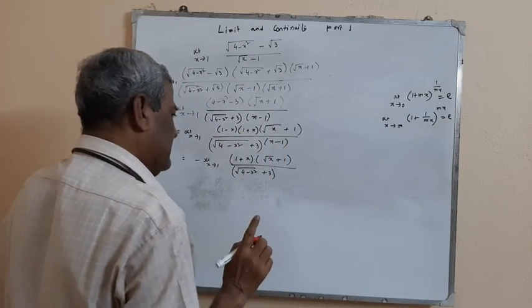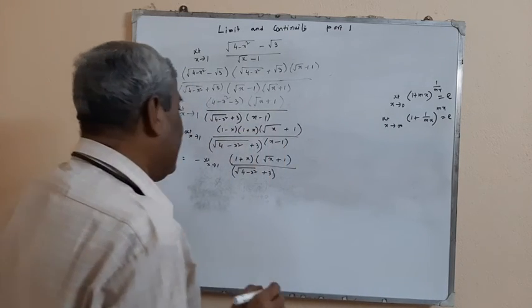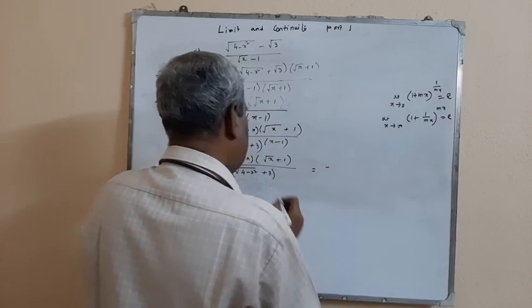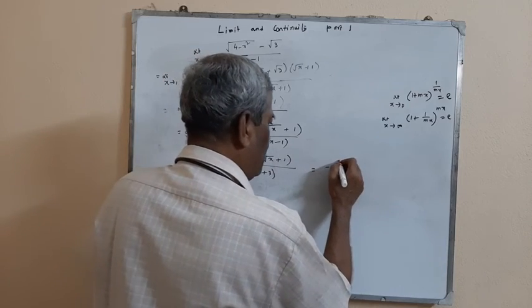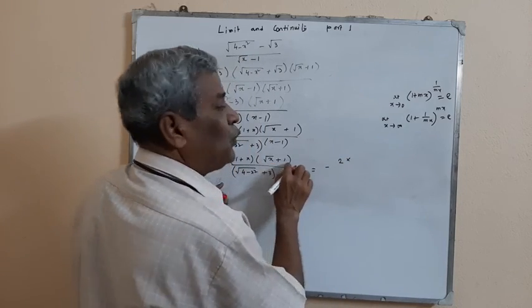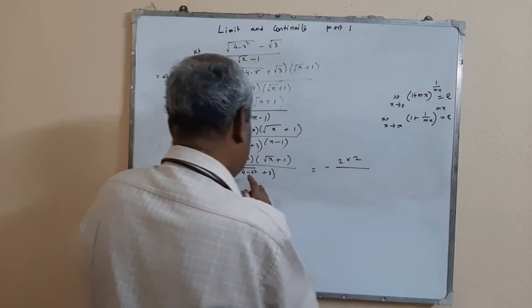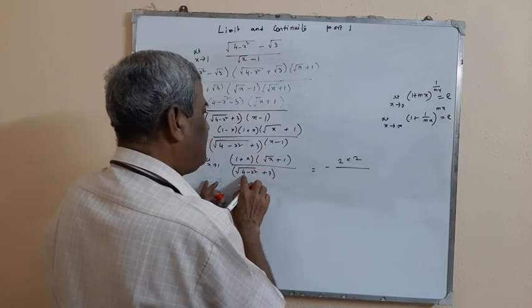X minus 1 cancels. Now put x is equal to 1, so that it is equal to minus, they together is 2 into, they together is 2 by root 3.